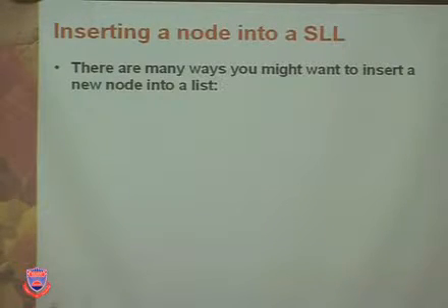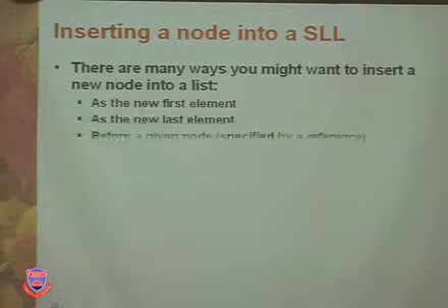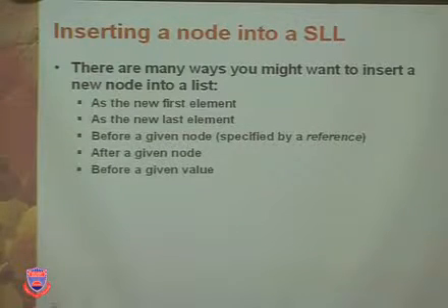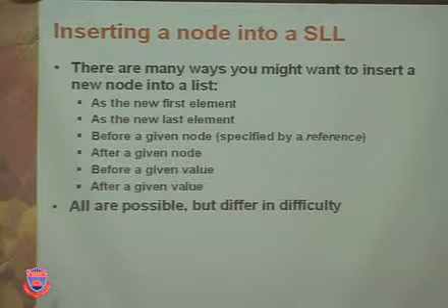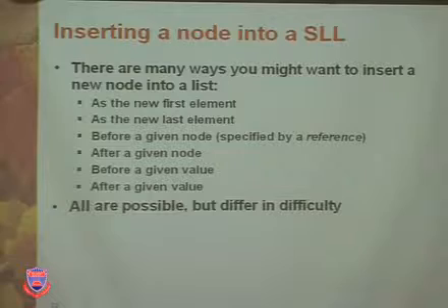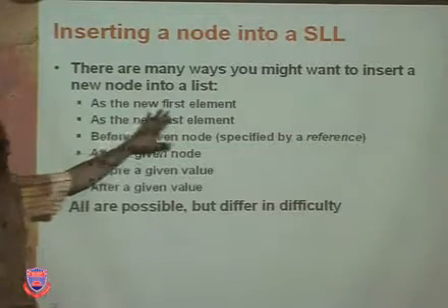So to insert a node into the SLL, how are we going to insert? So there are different options available to insert a node. You could insert it as the new first element.